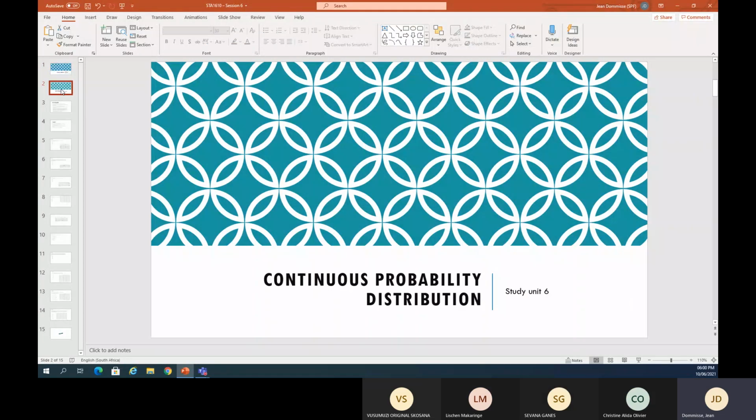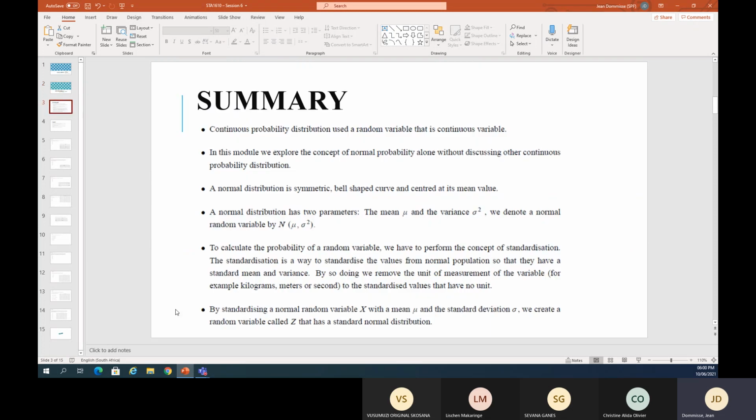We're going to look at continuous probability and a few examples on it. Firstly, we've got about 2 slides of summaries that you can keep with you when you do the assignments and for your exams.